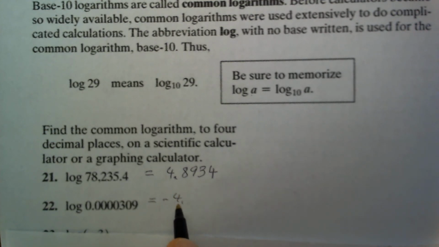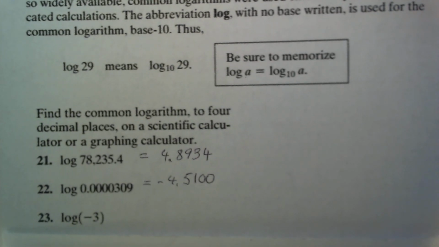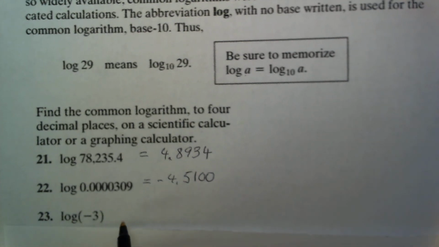Now for number 23, the answer does not exist as a real number, because remember, the domain of the logarithmic function is the set of positive numbers. So this one does not exist as a real number.